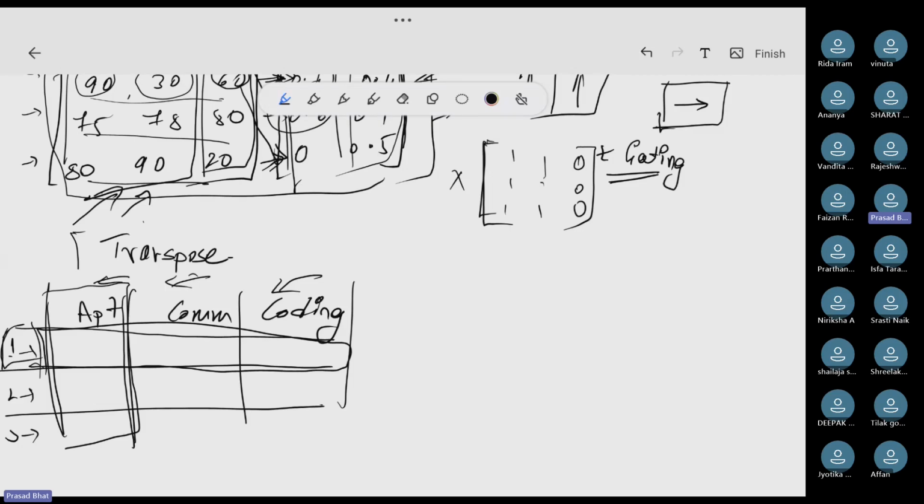If I want to find out that, then the central focus has to change from these students to the feature aptitude, right? In the same way, if I want to find out how students are performing in each test, then aptitude should become one vector, communication should become another vector, coding should become another, and each student should become one feature.